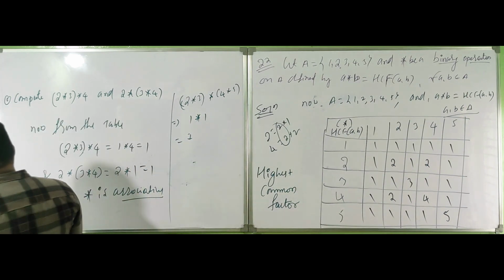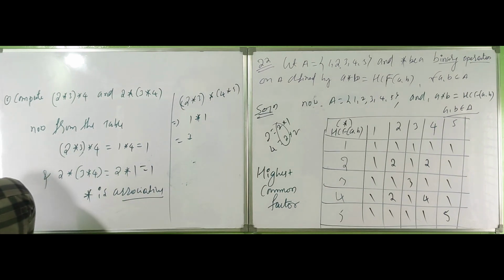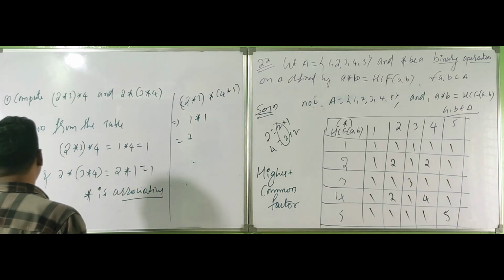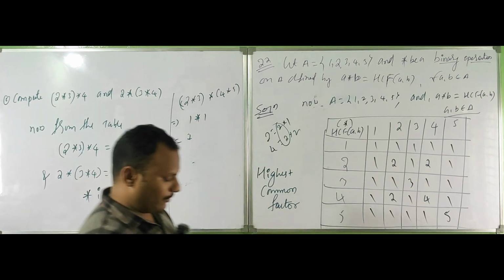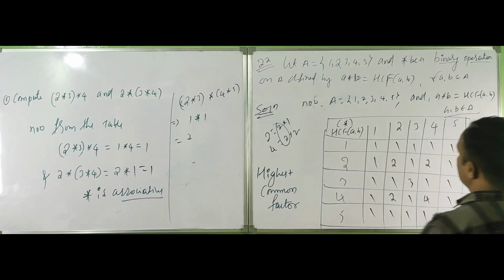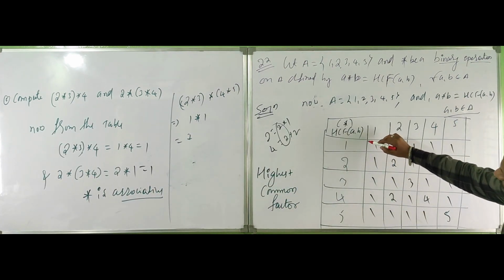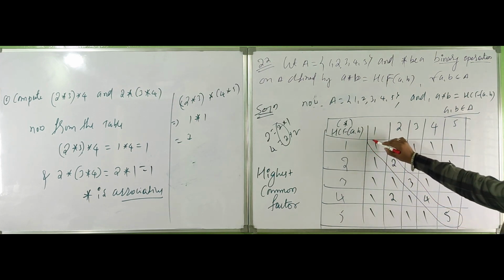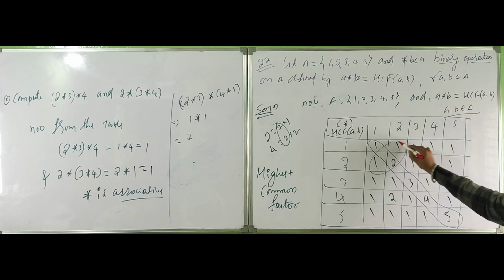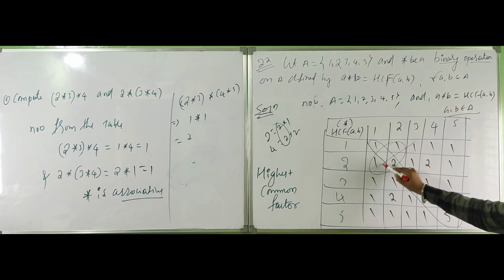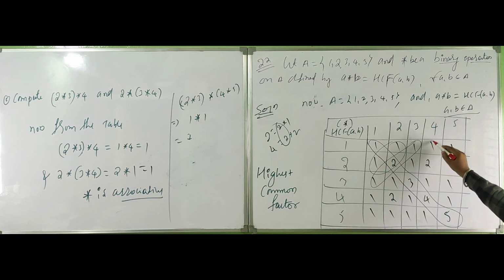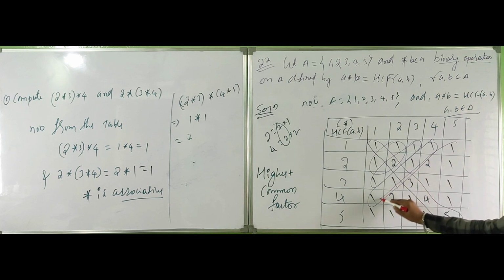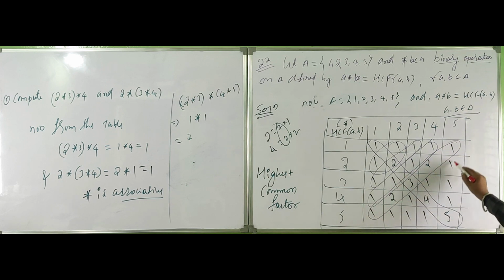Then star is commutative. Commutative means the main diagonal elements, these are the symmetries.